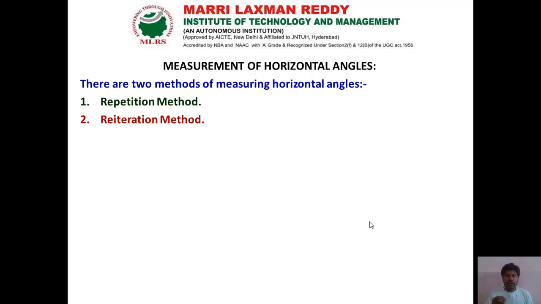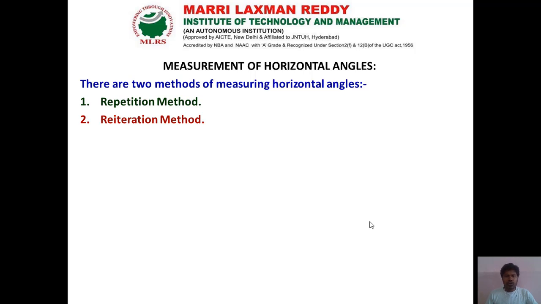In the reiteration method, as the name suggests, it is an iteration method, so the accuracy is somewhat less compared to the repetition method, but we are able to get the readings of objects anywhere between 0 to 360 degrees. That is the advantage of the reiteration method.